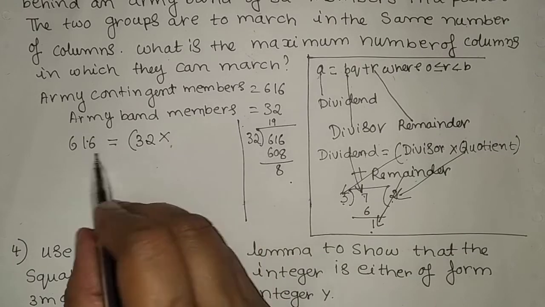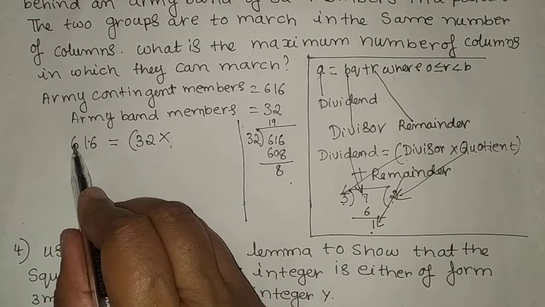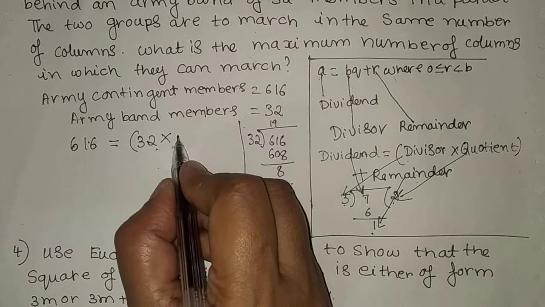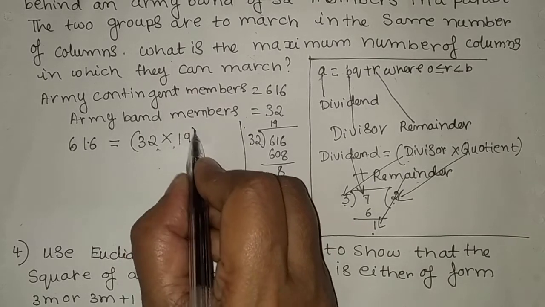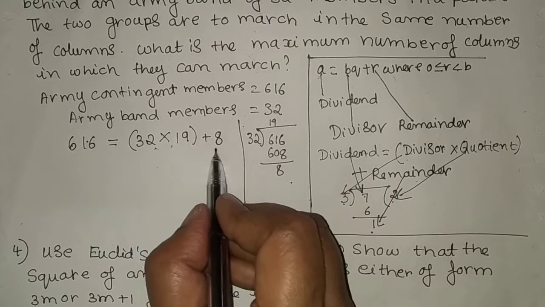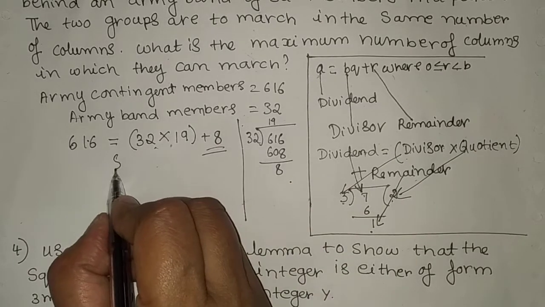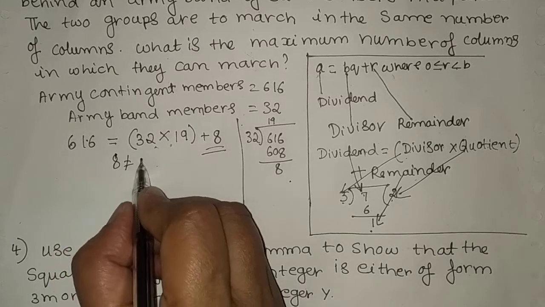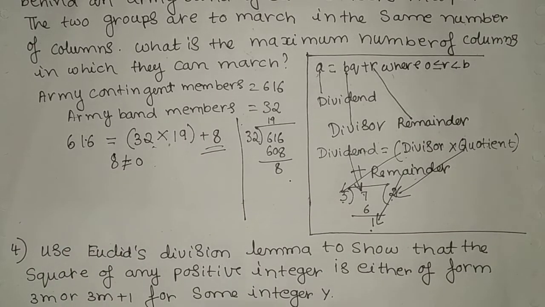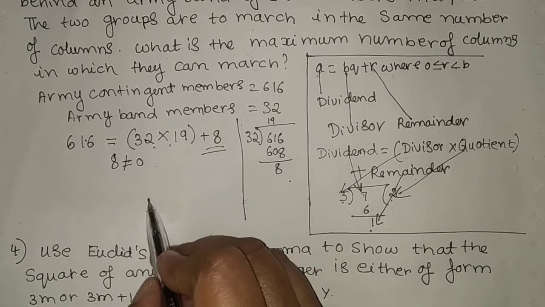So we write now: 616 is the dividend, 32 is the divisor, 19 is the quotient, plus the remainder 8. We write it in the general form. Since the remainder is not 0, that is 8 is not equal to 0, again we have to continue. Until we get remainder 0, this has to be continued.